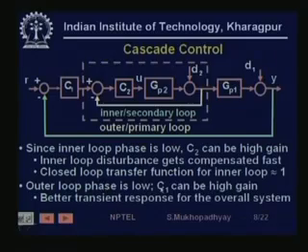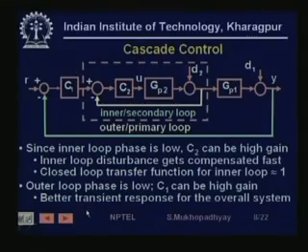And as is said here, the outer loop phase is low, so C1 can be high gain and we get better transient response for the overall system. So, you see that you have several advantages. You have better stability margins, you can contain inner loop disturbances within the inner loop, and they will not affect the output, they will get corrected in the inner loop, and thirdly, your overall transient response will improve because you can use higher gains in the outer loop, right.